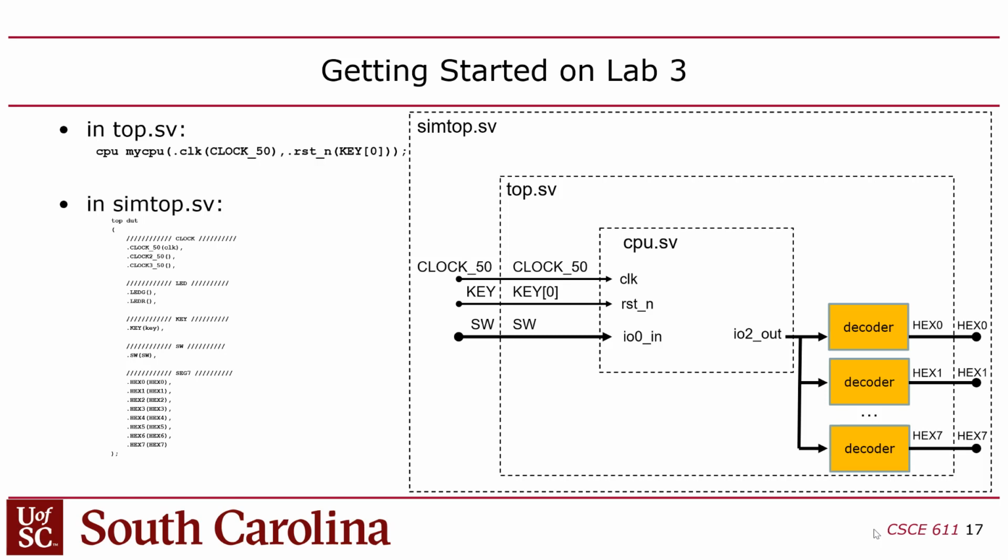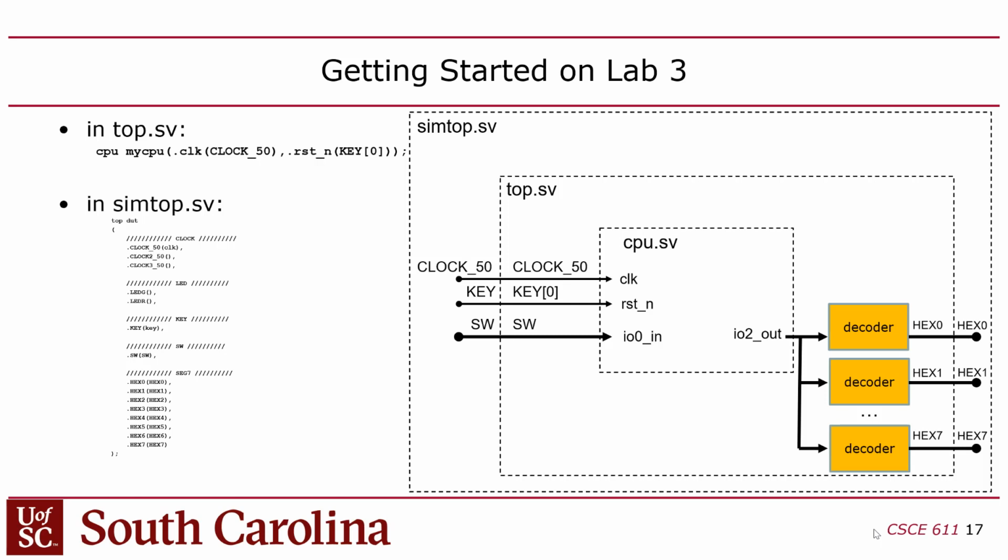Now, in top.sv, you only have to add one line of code for this. In SymTop, it's a little bit more complicated because I have to instance top, which I call DUT, design under test, and then I'm going to wire, oh, I screwed that up. Apparently it's just called clock in SymTop.